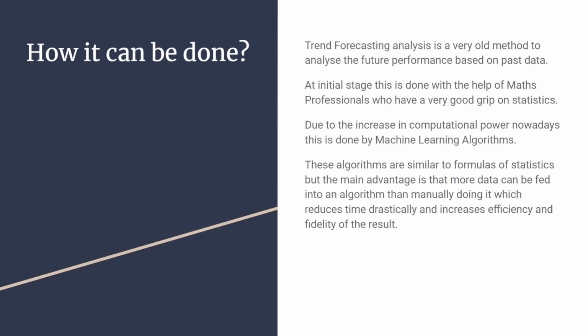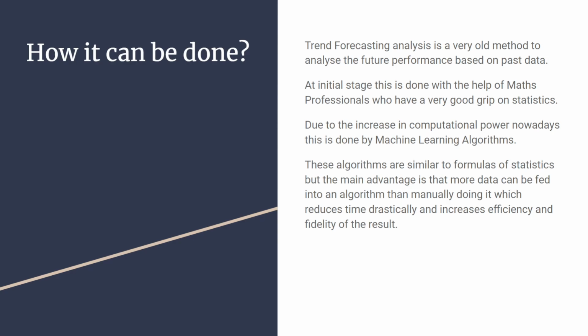Moving on, how can it be done? This kind of trend analysis is a very old method to analyze future performance based on the past. Most machine learning algorithms do the same, where they learn from previous data and, based on that data, future predictions are made.